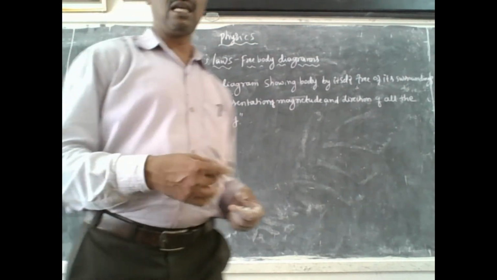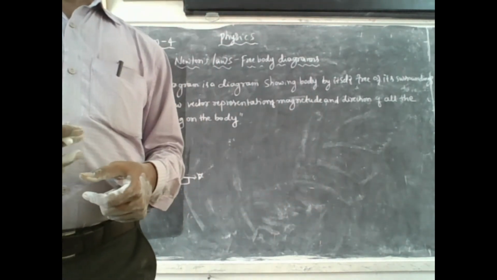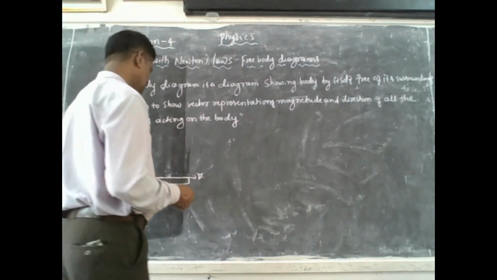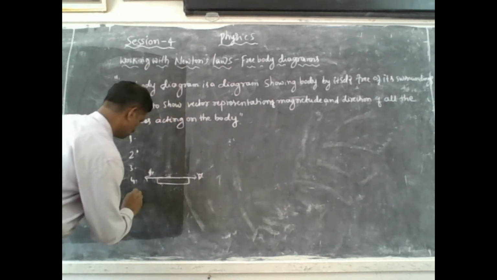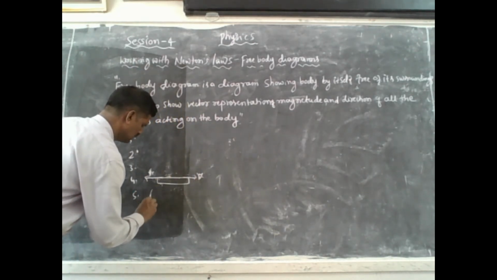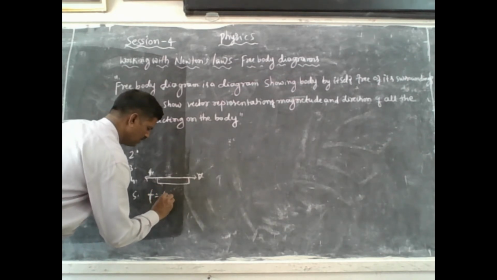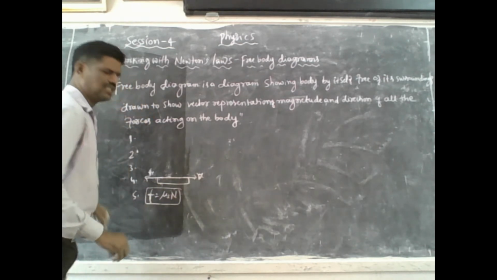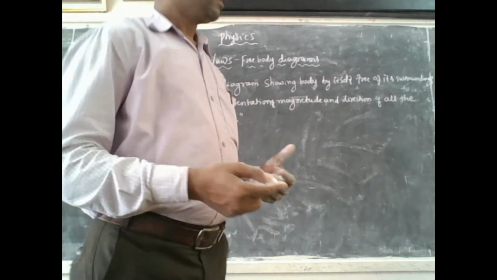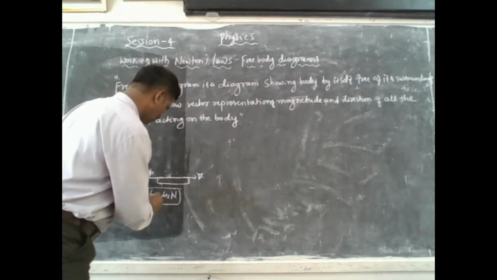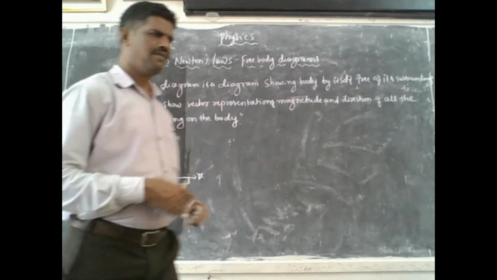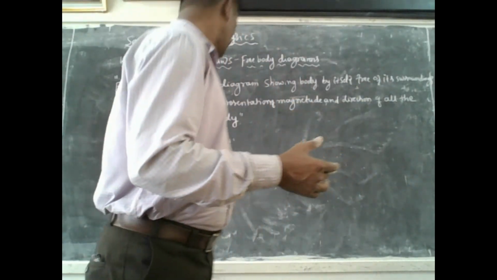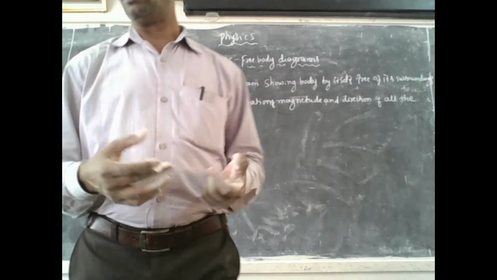The fifth point is that frictional force is the product of the coefficient of friction mu and the normal reaction N. That is very important.